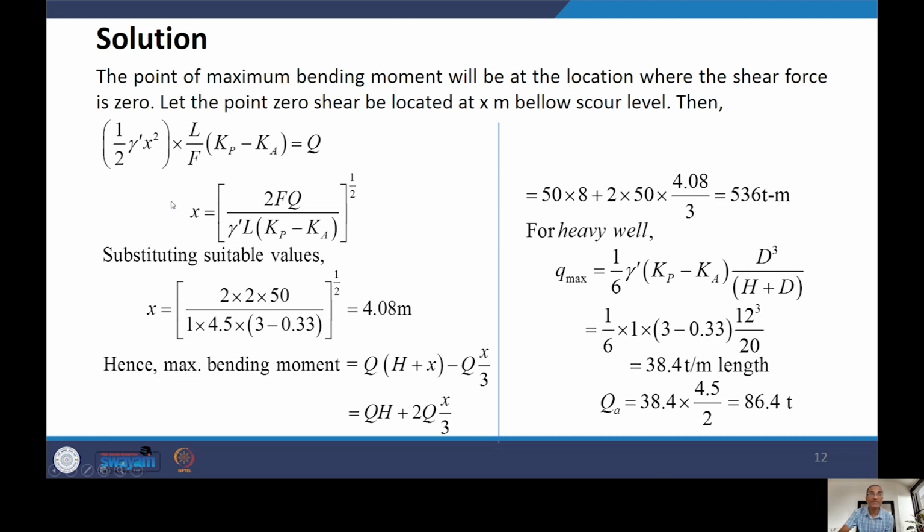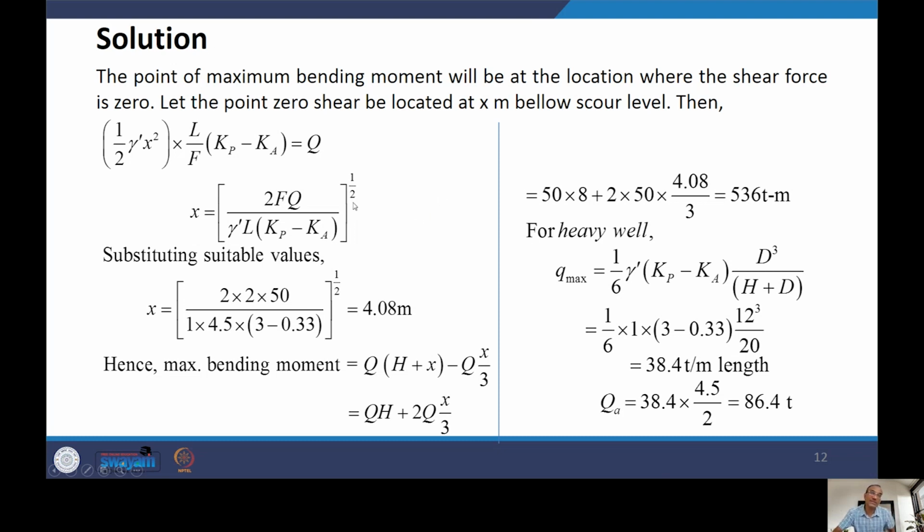Then the value of x can be found from this relation of gamma and x square into L by F into (Kp minus Ka) equal to Q. All things are known in this equation, so you can calculate x. Once you put in the numbers, gamma, L, Kp minus Ka, you get x equal to 4.08.